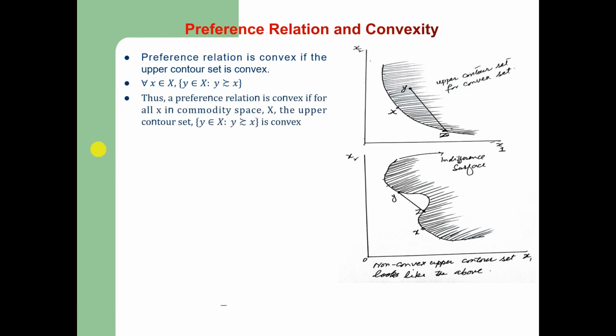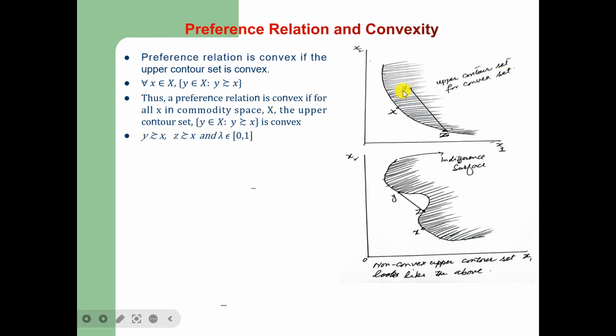Thus, a preference relation is convex if for all x in the commodity space, this capital X is known as the commodity space, the upper contour set of y in X such that y is at least as good as x is convex, because we can see that these 2 points are connected by this line, and this line lies entirely in this set S. So this is a convex set, and this is the upper contour set for the convex set.